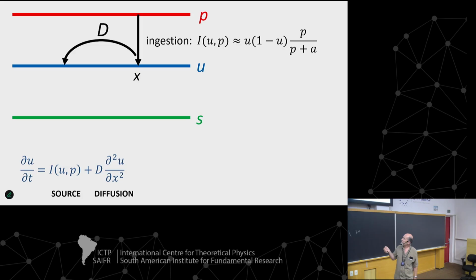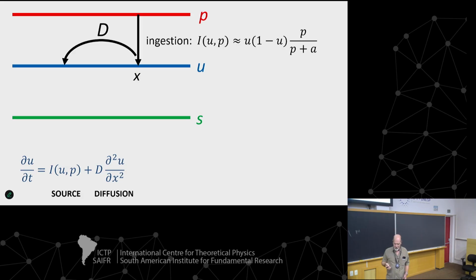When the seeds are inside the animals, they move. So there will be some moving part in the description of the dynamics of the blue seeds in the animals. Let us put diffusion just to put something that we can model. So the equation turns from a differential equation to a partial differential equation.